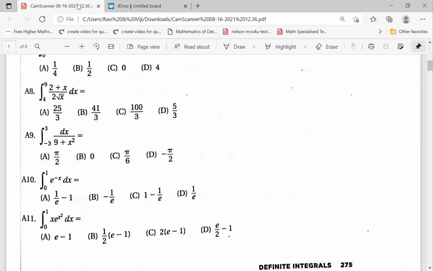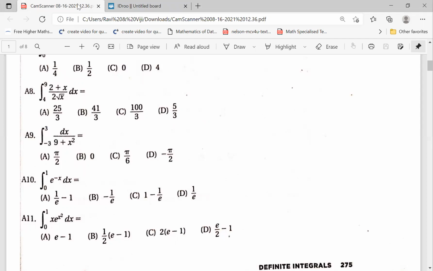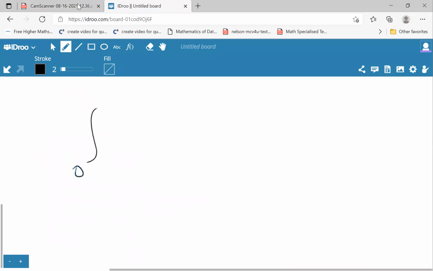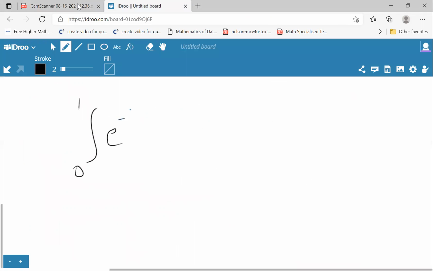Now coming to the 10th one, integration of 0 to 1 e to the power of minus x dx. Now, you know, integration of e to the power of minus x is now going to be minus e to the power of minus x between the limits 0 to 1.